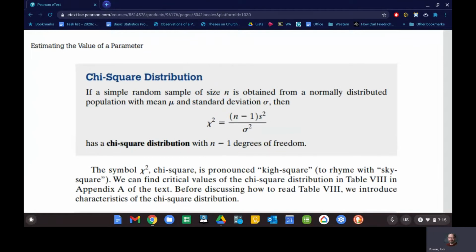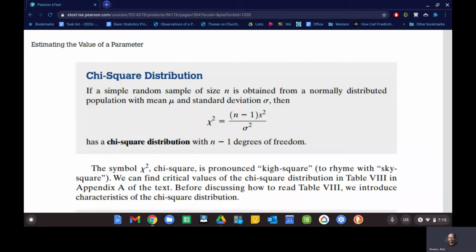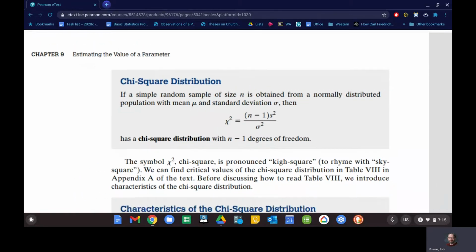It's a chi, and it's chi squared. Rhymes with sky square or whatever. All right. This is the chi-square distribution. It's a Greek letter similar to mu or sigma. It's the Greek letter chi. So then, when we have this chi-square distribution, it is not going to be symmetric.